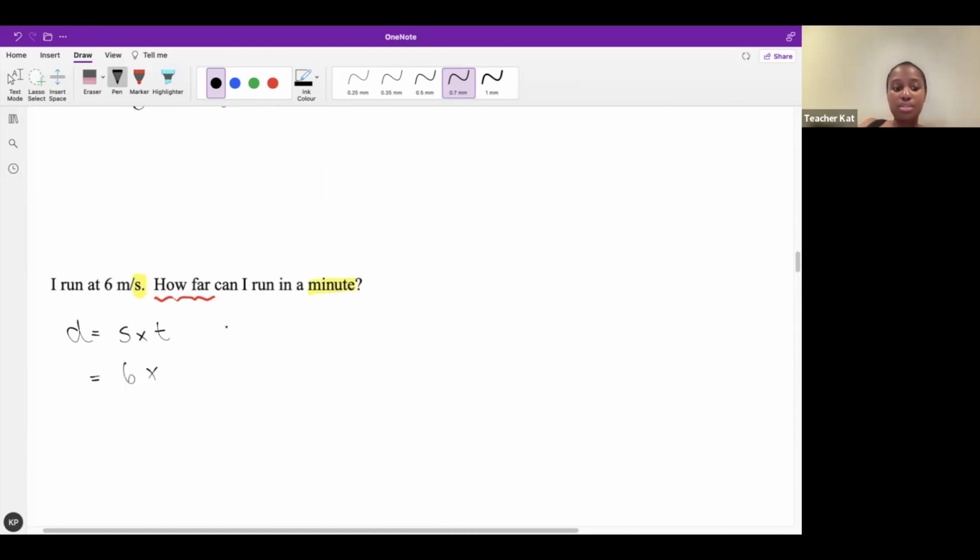But these two have to be in the same unit. So in a minute, how many seconds am I going to find there? 60. So what's the distance? 6 times 60 is 360 meters, because this was given in meters per second.